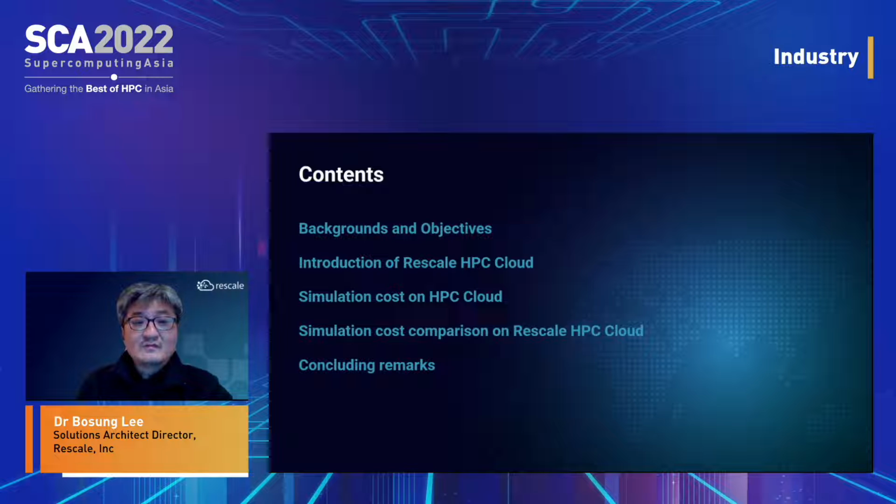And using some example cases, such as Siemens Star-CCM+ and ANSYS Fluent, the total simulation cost analysis result will be compared using various Rescale HPC Cloud hardware. Finally, we will see how HPC hardware and simulation software combinations can reduce the total simulation cost.